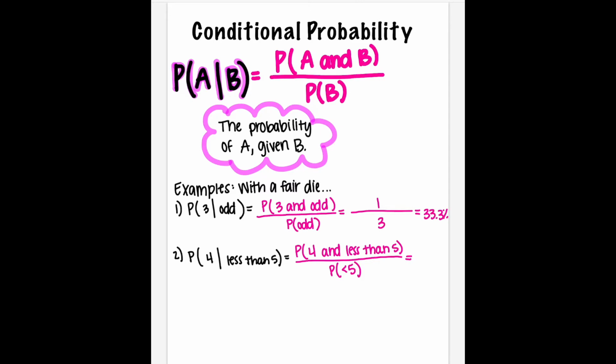How many of the faces on a die are numbers that are less than 5? That would be 1, 2, 3, and 4. So there are 4 faces on the die that are less than 5. How many of those are also the number 4? Only one of them. So you have a 1 in 4 chance, or 25%.